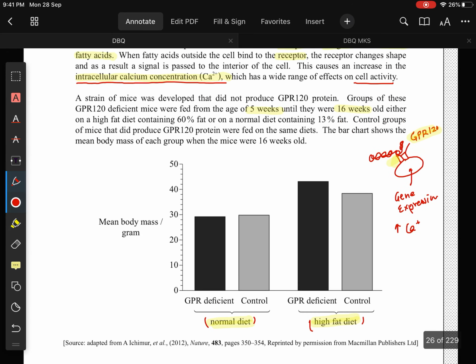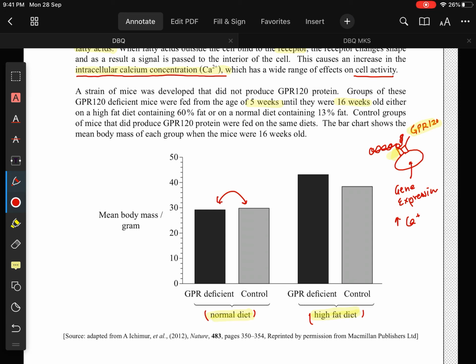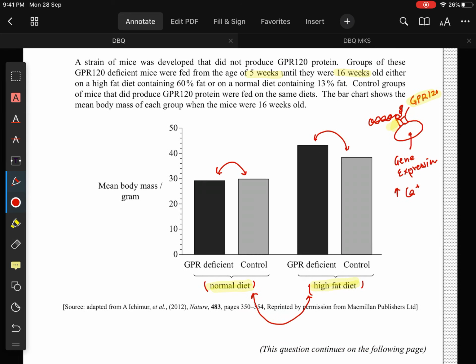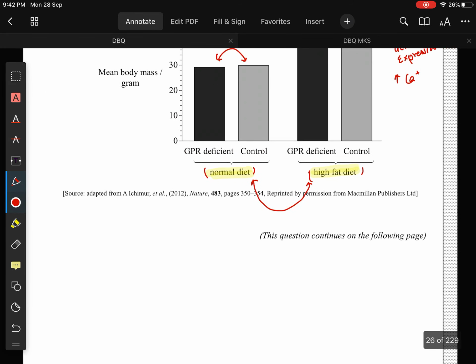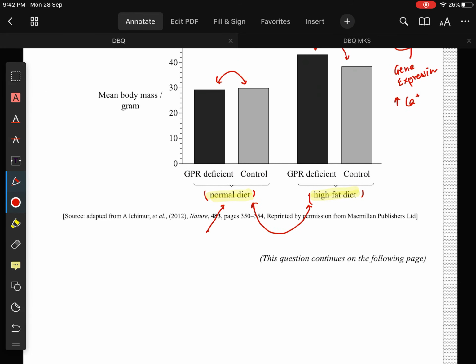According to the question, you have to talk about three things. Compare and contrast the body mass of GPR120 deficient mice and the control mice on a normal diet, and then the high fat diet. So we see that in the normal diet, GPR deficient is the same as the control, while in the high fat diet, GPR deficient is more than the control.